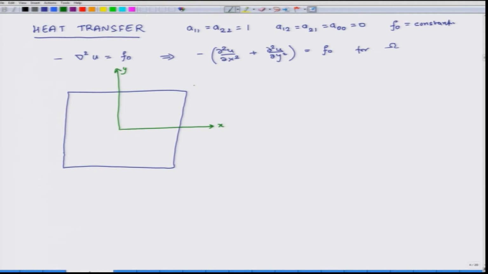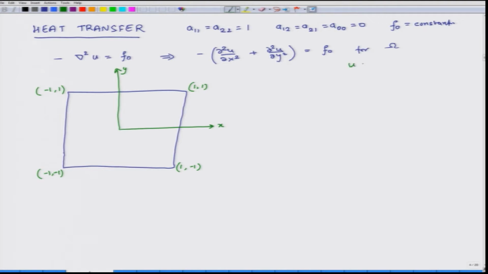So, the coordinates are 1 comma 1, 1 comma minus 1, minus 1 minus 1, and minus 1 comma 1. So, the size of the plate is 2 by 2.